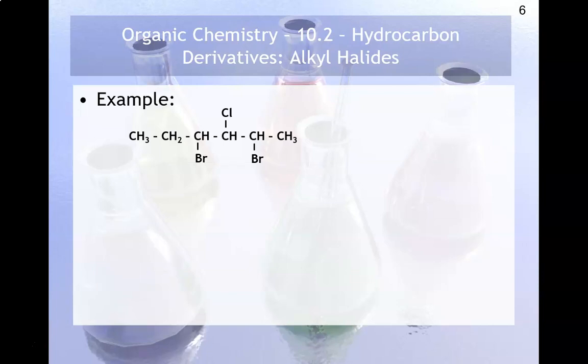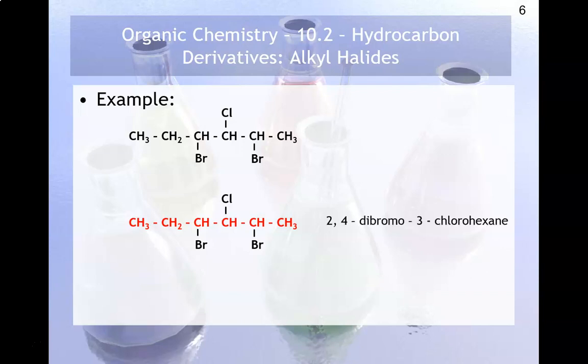So for example, in this one you see that there are two bromines and a chlorine attached to this hydrocarbon chain. The chain is 6 carbons long, and so we would call that hexane. And we number the branches so that we wind up with the lowest numbers.